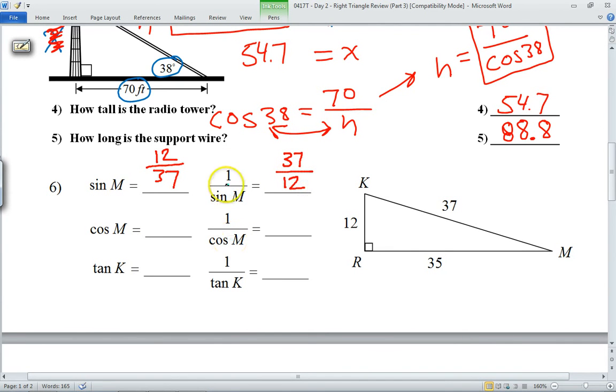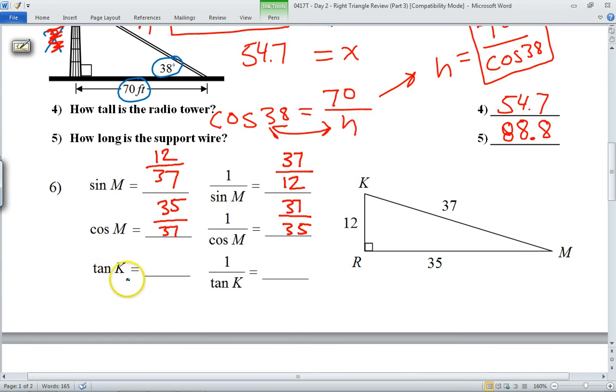So please, this shows up on the EOCT all the time. 1 over something is just the reciprocal. So cosine of m is here, so adjacent over hypotenuse, 35 over 37. What will I get if I do 1 over cosine m? That's the reciprocal, 37 over 35.